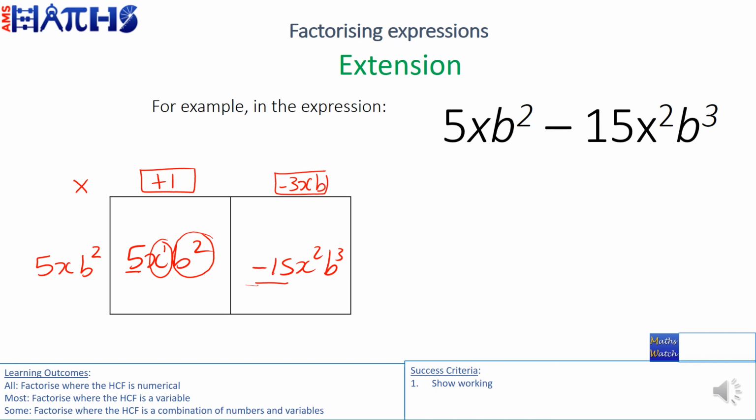So our answer is going to be 5xb squared open bracket 1 minus 3xb. If we expand using our grid, we will also get the original expression.